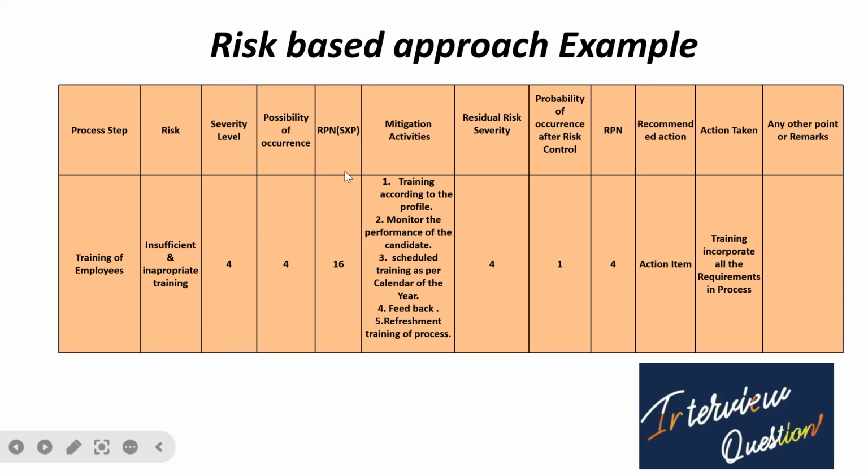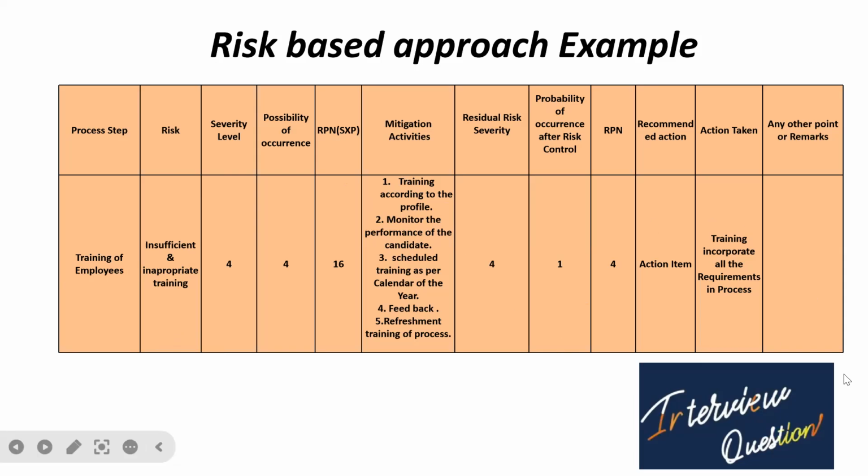So in this way, suppose there are 7 different processes. You identify under each process how many risks are involved. Identify 4 to 5 risks under each process. Then you give the activities, what all activities you perform to mitigate those risks, and give this RPN number.